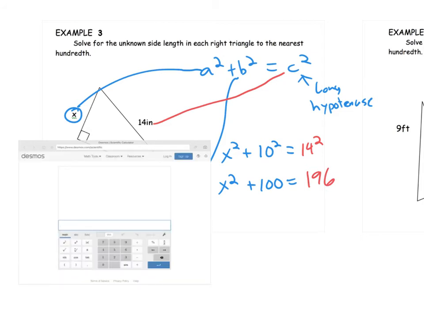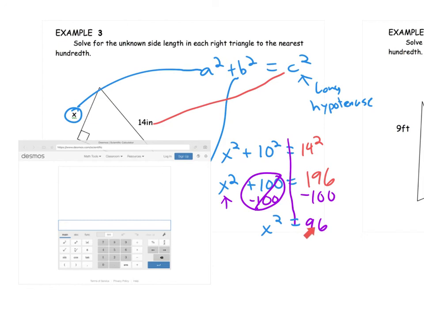So now I just need to do a little bit of solving here, just like we've done during last week. I'm trying to find x. I'm trying to get it by itself. So I'm going to take off 100 on both sides, left with 96 on that side. This creates a 0, and I'm just left with my x squared, just like what we had above.